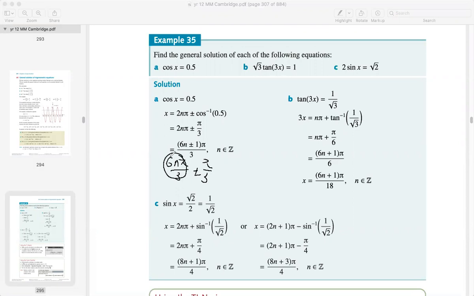So this is essentially 2 pi times n, and it's essentially what I wrote a long time ago: pi on 3 plus 2 pi times n, and negative pi on 3 plus 2 pi times n. So it's essentially the same thing. And for this part, of course, n belongs to Z. You don't need to write it all in one expression. You can write two and make it really clear for teachers to follow.